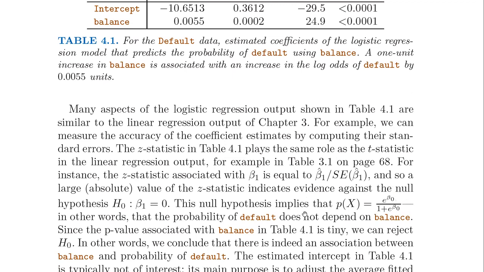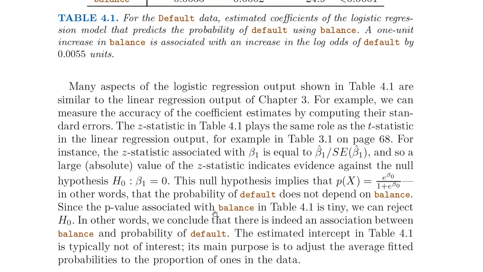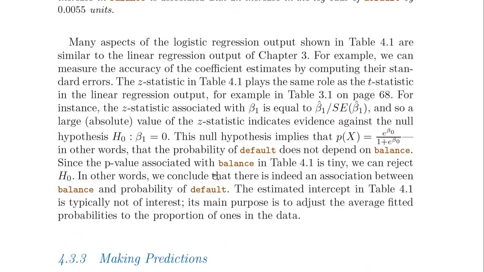X does not feature. So the probability of default does not depend on the balance. Since the p-value associated with balance in table 4.1 is tiny, we can reject H0. In other words, we conclude that there is indeed an association, and that's kind of what you're after. You hope that with the available info that you have, there's at least one or more of the variables that give you a statistically significant relationship with the variable that you're trying to predict.